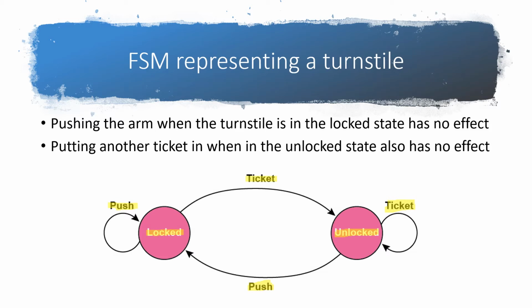So that is how a turnstile essentially works: if the state is locked and we keep pushing, it stays locked. If it is unlocked and we keep giving it a ticket, it stays unlocked. But what makes the transition from state to state is giving a ticket when it's locked and pushing the barrier when it's unlocked.